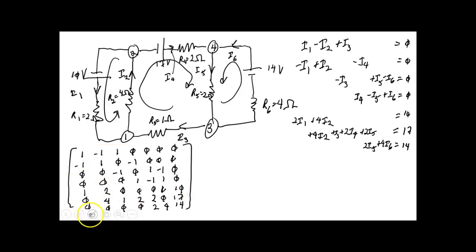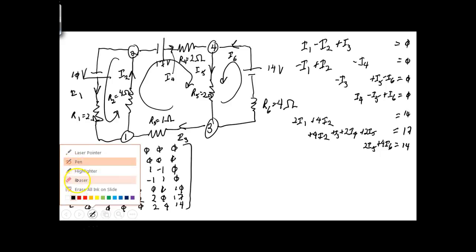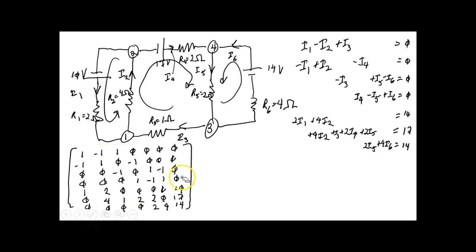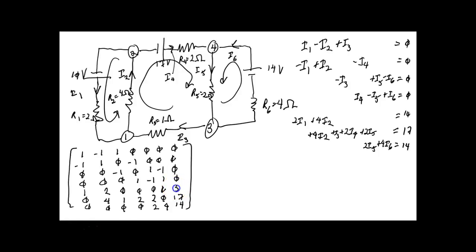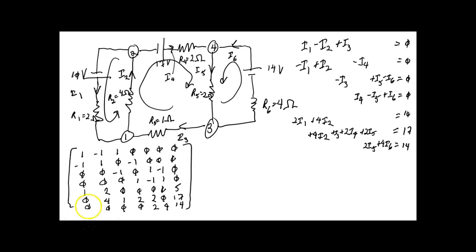10 becomes a 5. Boy, folks at home didn't know that was coming, did they? Okay. That becomes a 5. And in the last row, 2 becomes a 1. 4 becomes a 2.